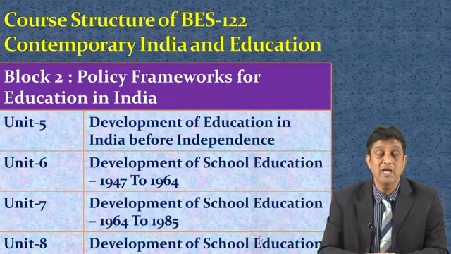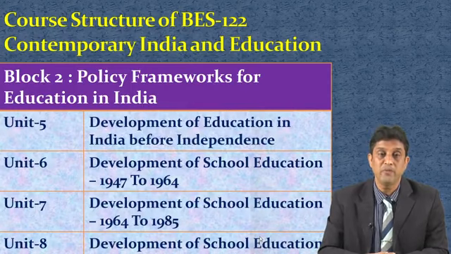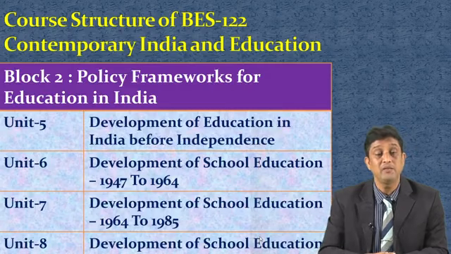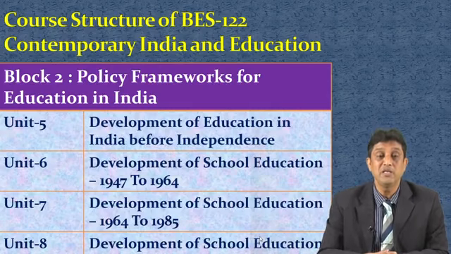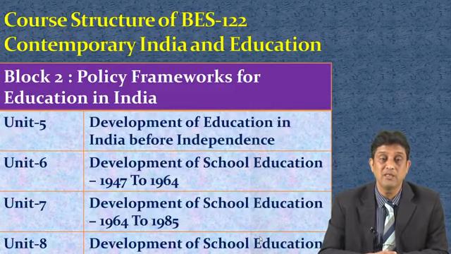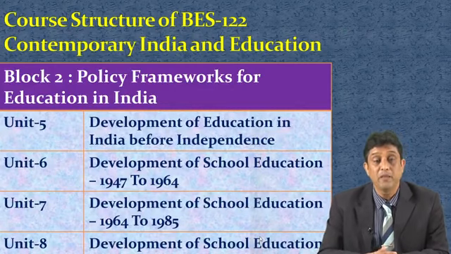This block has been designed in 4 different units: unit 5, 6, 7 and 8. The title of unit 5 is development of education in India before independence. Unit 6 is development of school education from 1947 to 1964. Unit 7 is development of school education from 1964 to 1985. And unit 8 is also development of school education.